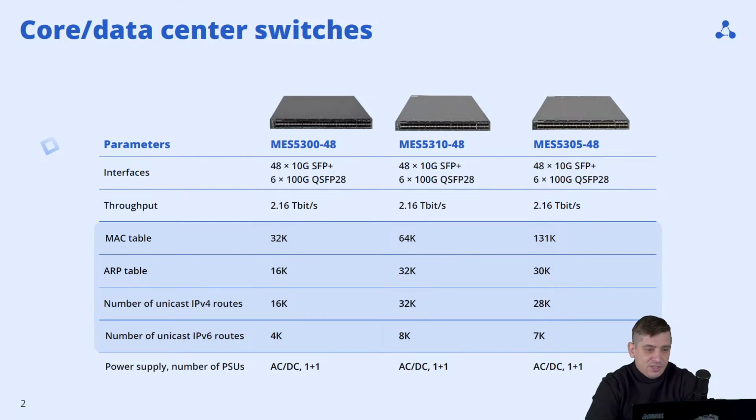The capacity of these switches is also identical and ranges up to 2.16 terabit per second. Maybe you noticed some slight difference in values like MAC table, ARP table, number of unicast IPv4 routes, and number of unicast IPv6 routes. Yes, these are specially made to follow the requirements of our customers.